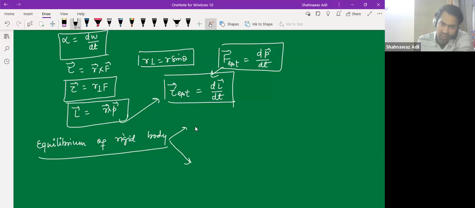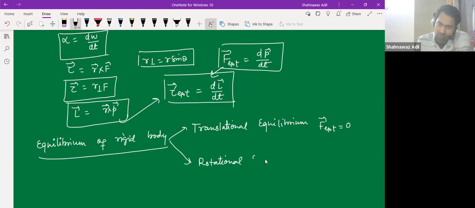One was the translation equilibrium. In this case, F external was 0, right? And then if the body is in equilibrium, then this would have also the rotational, and this is tau external equal to 0.